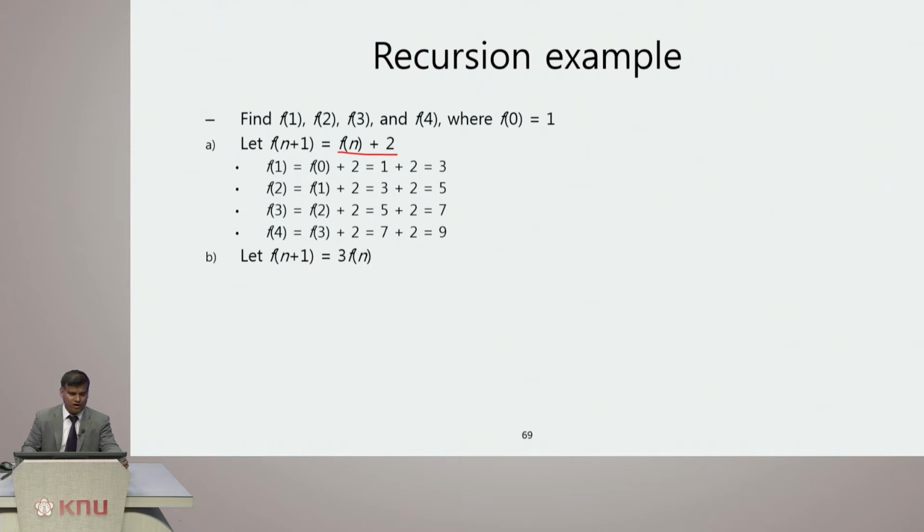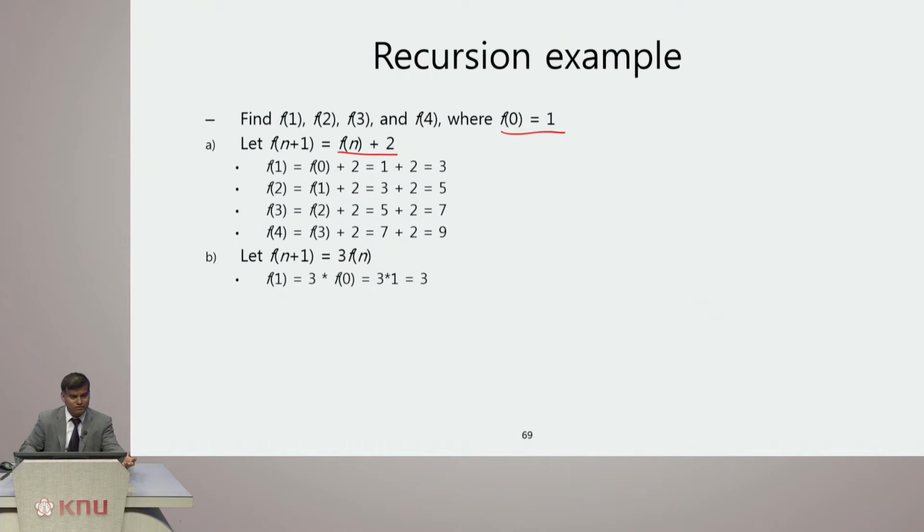Let's consider another one where f of n plus 1 equals 3 times f of n. In this case f of 1 equals 3 times f of 0, that is 3 times 1. Remember that f of 0 is given to be 1, don't forget that. So you know what f of 0 is, that is 1, and f of 1 is 3 times that.